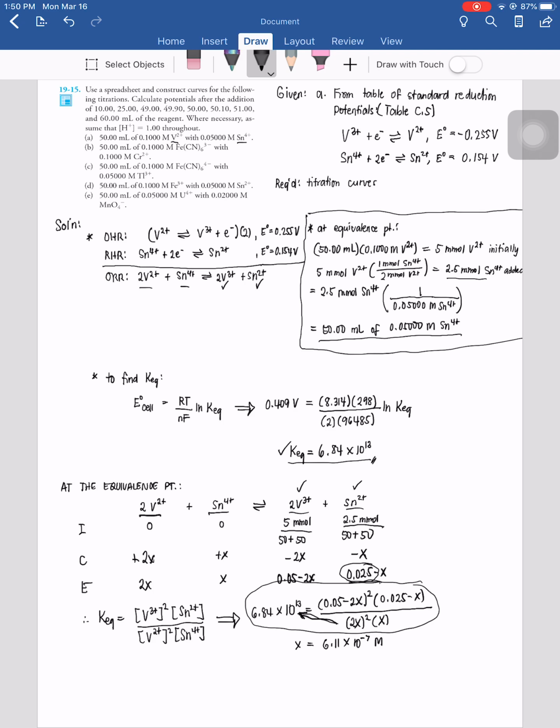And there is just no negative concentration at all. Furthermore, if you look at our value of KEQ, it's rather large. So what we expect to see is that our x must be a rather small value. So it should be quite small. 6.11 times 10 to the negative 7 is something that I would expect to appear in my calculator.